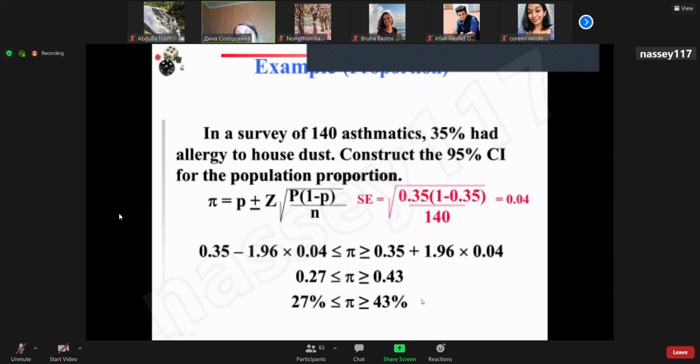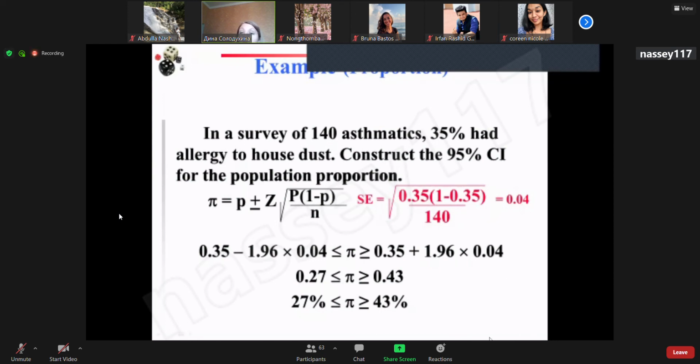Okay, so you see here the range of parameters is not so large, and that is why it is valuable. If we get that 35% of people with bronchial asthma have allergic reaction to the house dust, and confidence interval is from 5 to 95, it is absolutely meaningless, and we cannot use it for any reasoning.